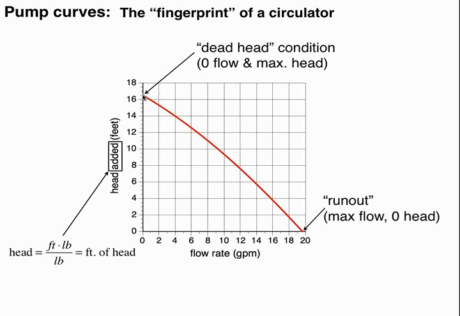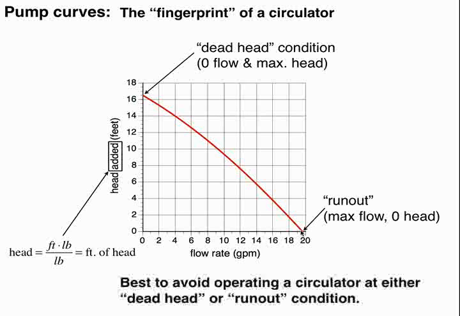You have zero flow rate there, but that's the maximum head added point. Over on the far right, you see what's called the runout point. That's, in theory, where the flow rate would be maximum, pumping against zero flow resistance. And a general statement here is you want to avoid operating a circulator at either of these conditions.